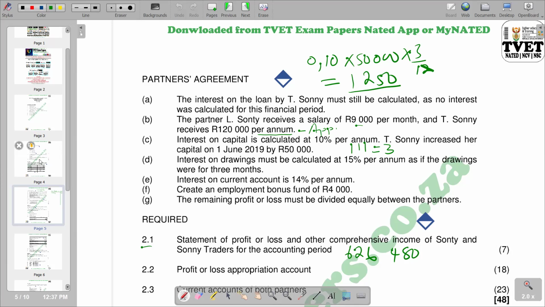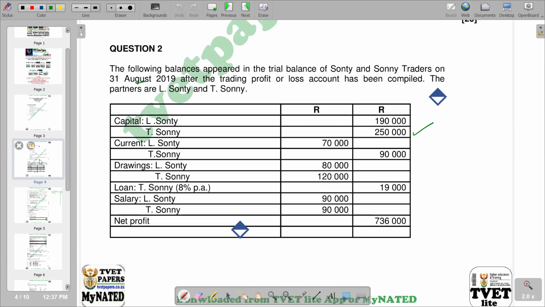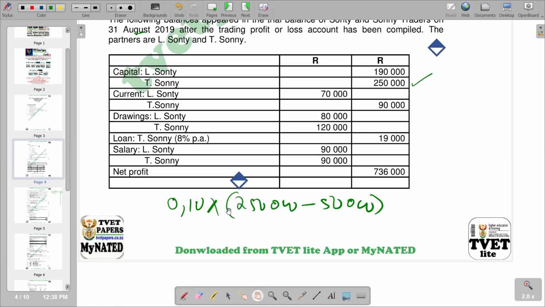So if you come here, we are saying 10%, which is 0.10. Then we multiply by 250,000. Then we subtract the 50,000 that was introduced during the year, so that we are left with the capital that was there for the whole year. So we calculate it like that.